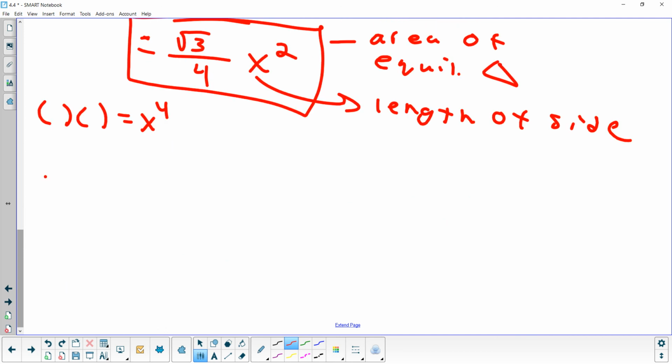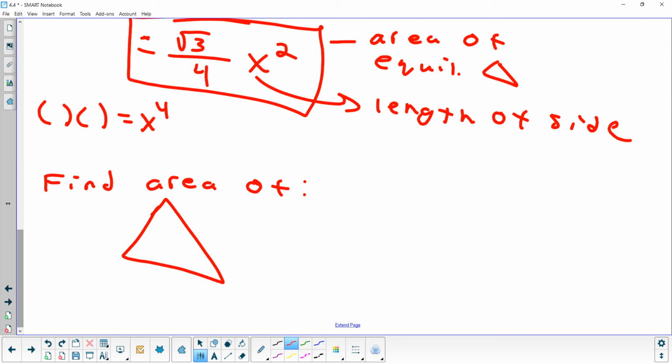All right, so let's say I said find the area of the triangle. So we've got a special formula that's very, very short compared to Heron's formula, just for an equilateral triangle.